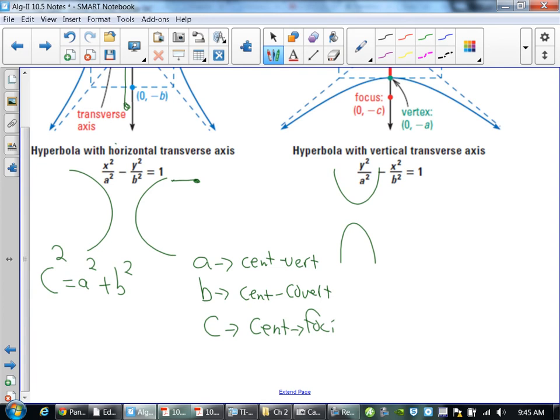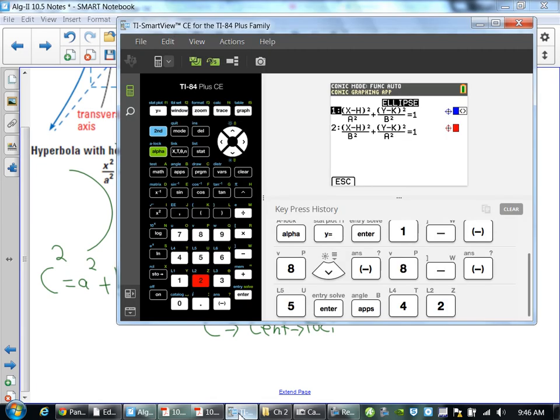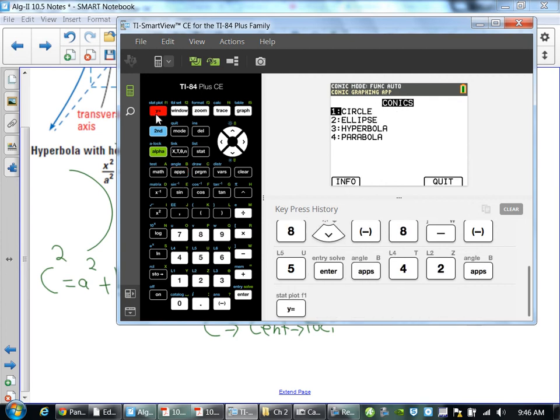So even in your calculators, when I told you guys about that whole app thing where you have the generic form of the equation, if I go to the hyperbola, it tells you with the shift, which we'll talk about Monday. It's very similar to what you guys have been doing, and so far it doesn't seem like that's scary.